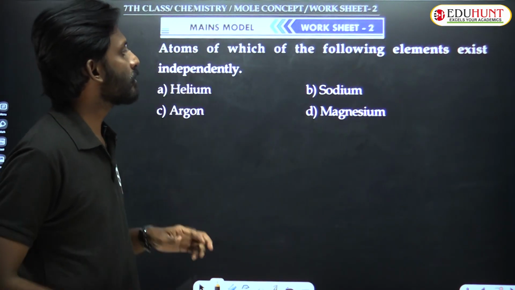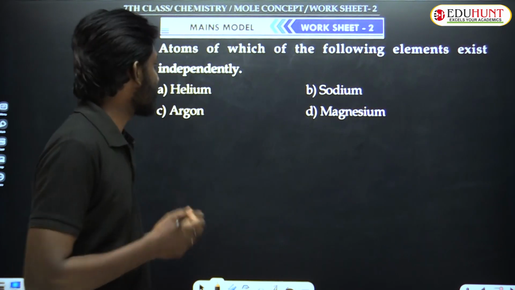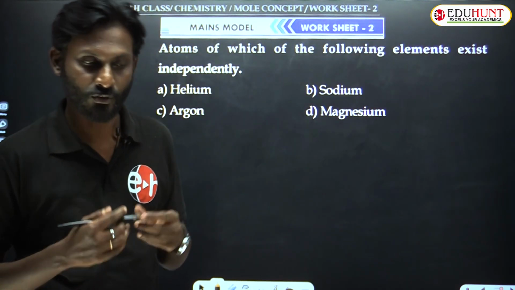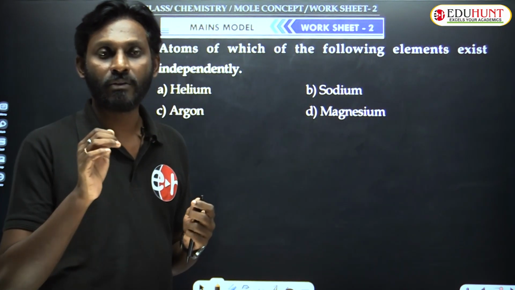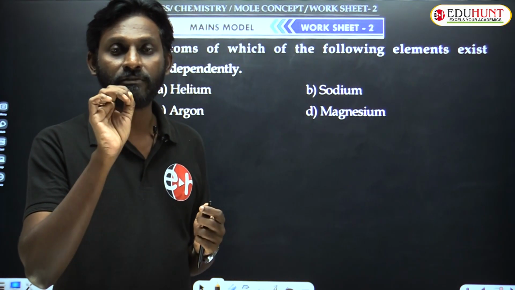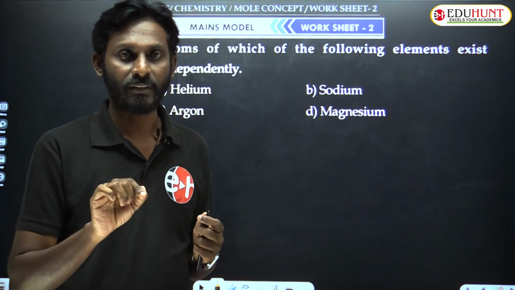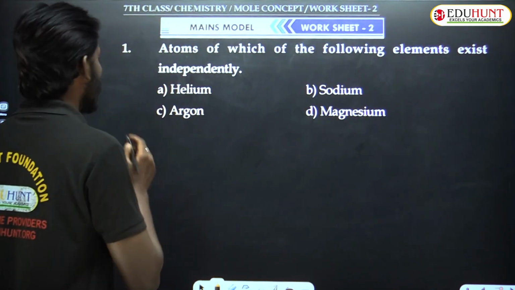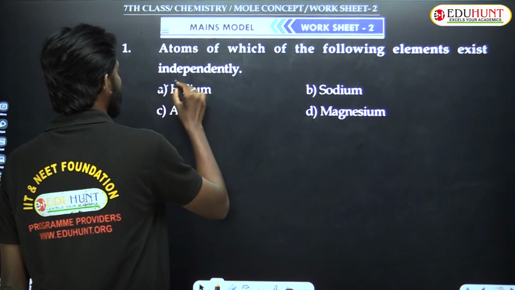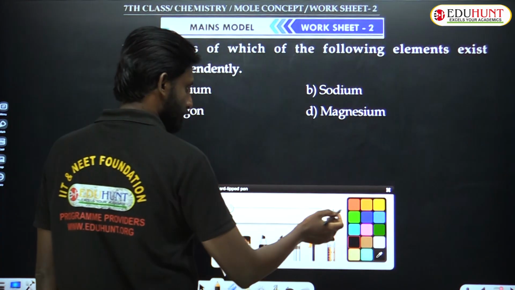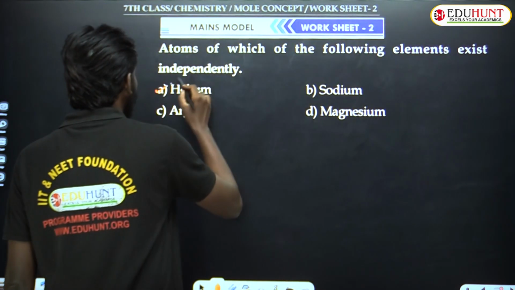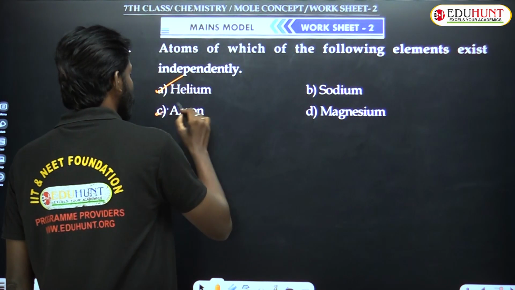Atoms of which of the following elements exist independently? The question is about for which of the following elements the atom can exist independently. Obviously the answer will be helium or argon also, right?